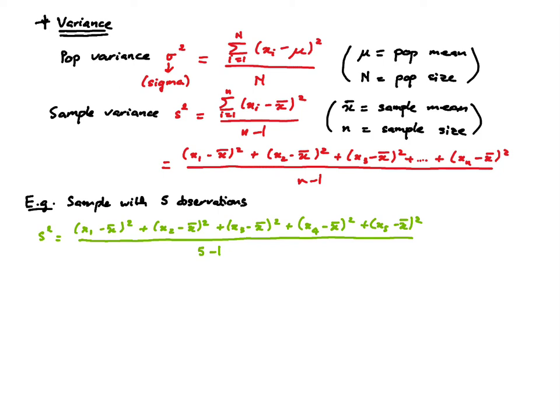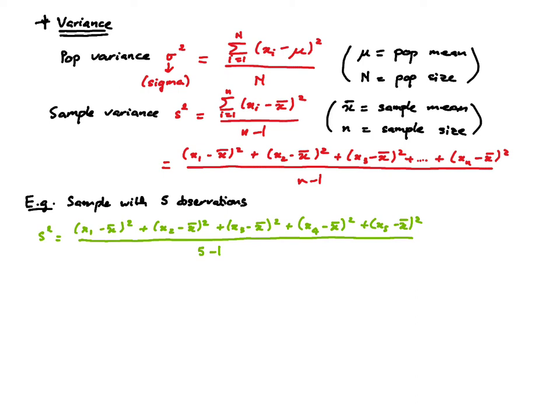Now, turns out that there's another way for us to calculate the sample variance, which may or may not be easier. It depends on how you want to do it. But I'm just going to give you the formula and you decide which formula you want to use.